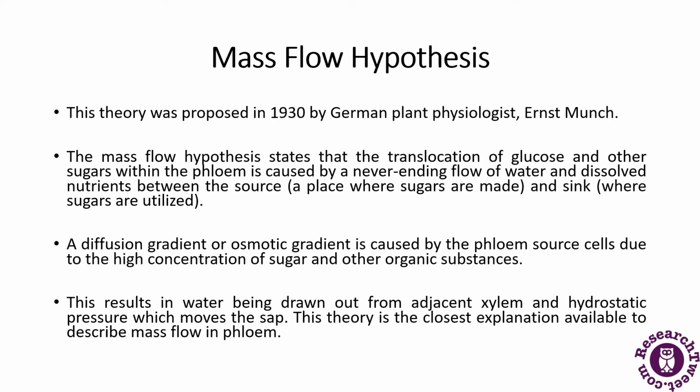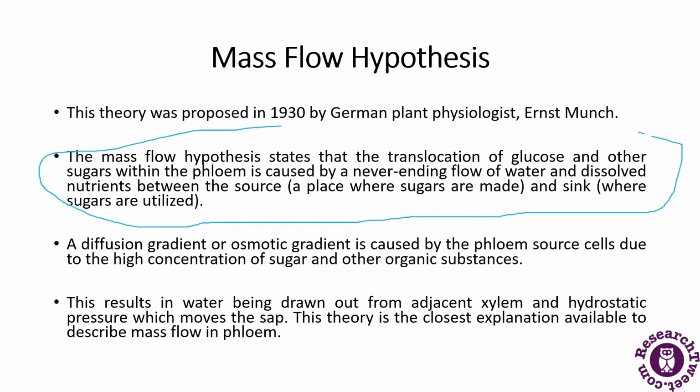Through this hypothesis he explained the process of translocation in the phloem. So a diffusion gradient or osmotic gradient is caused by the phloem source cell due to the high concentration of sugar and other organic substances.